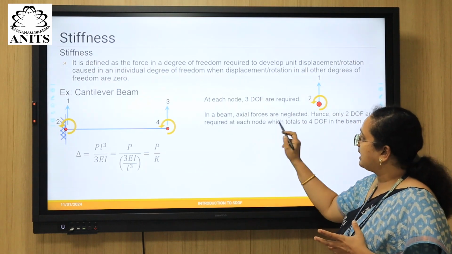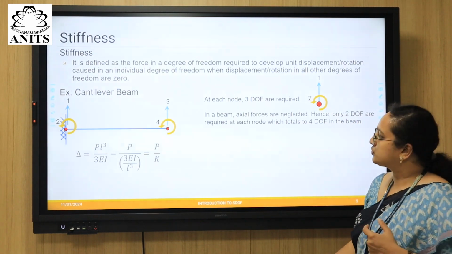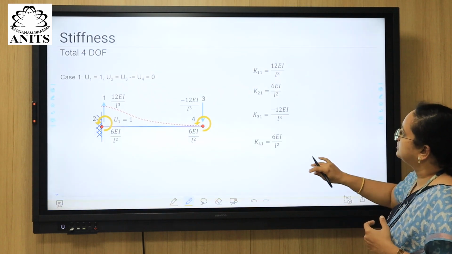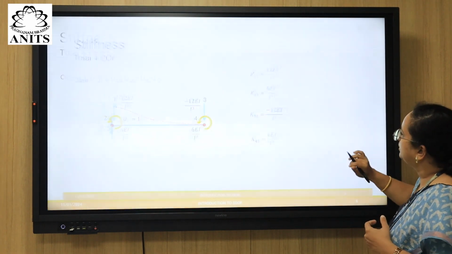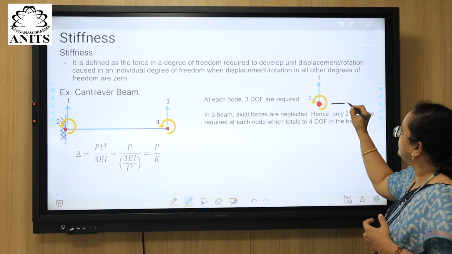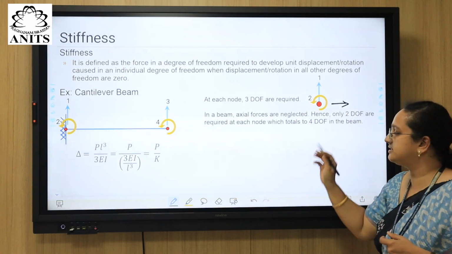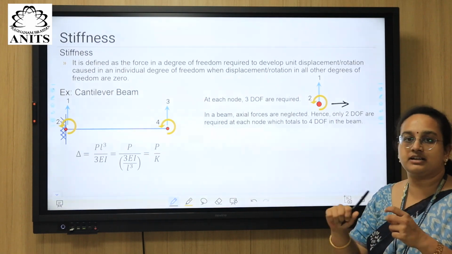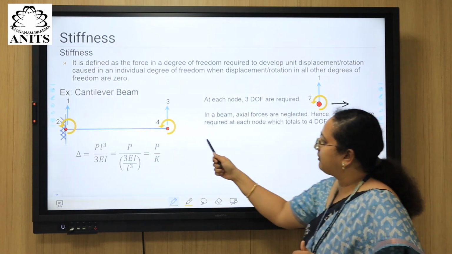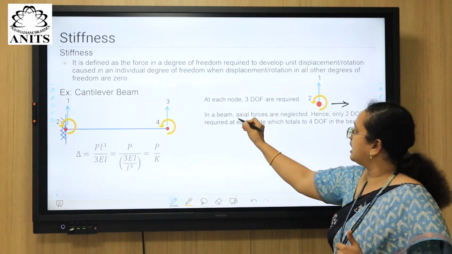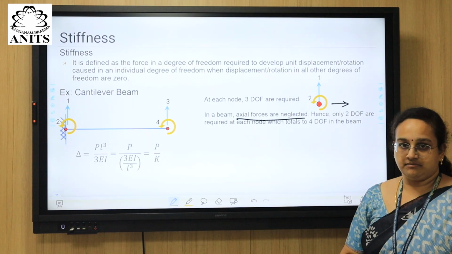Now in a beam, axial forces are neglected. So what happens? There is no lateral degree of freedom. Why is there no lateral degree of freedom? Because when we are saying it is a beam, that means our axial forces are neglected, right?